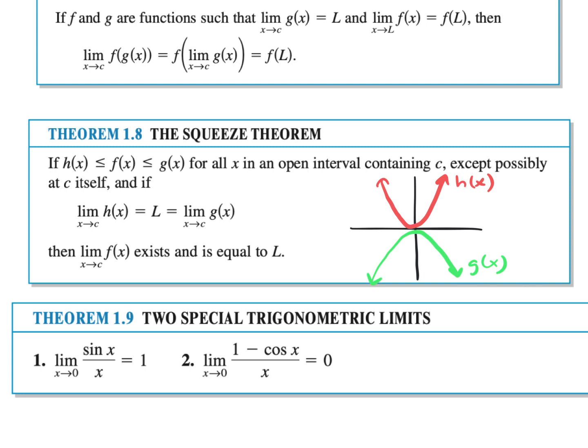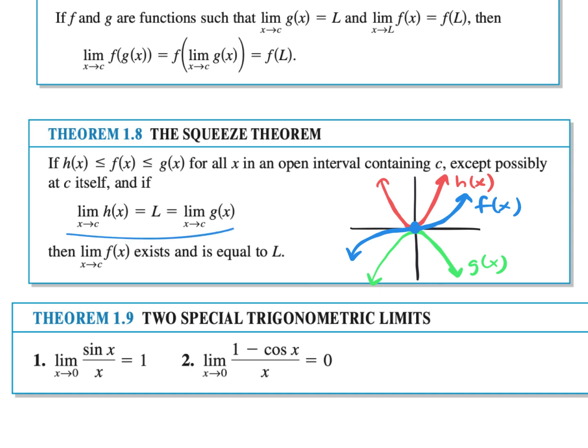If I was also told that there's another function in between these two that looked something like this, in between g of x and h of x, I know that since those other limits are approaching 0 at 0, for f of x, as x approaches 0, I would also get an output of 0, okay?